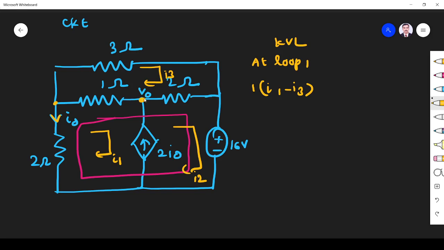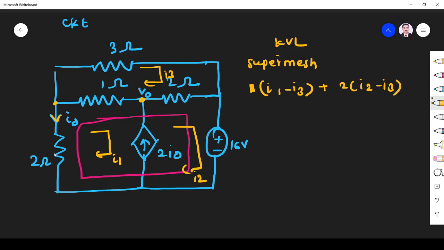Next, KVL at the supermesh: 1 into I1 minus I3, here 2, and the current flowing through this resistor is I2 with I3 flowing opposite, so 2 into I2 minus I3.